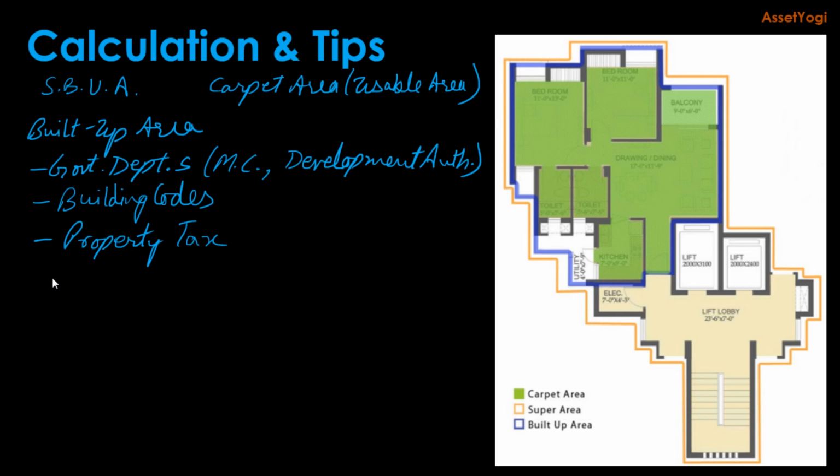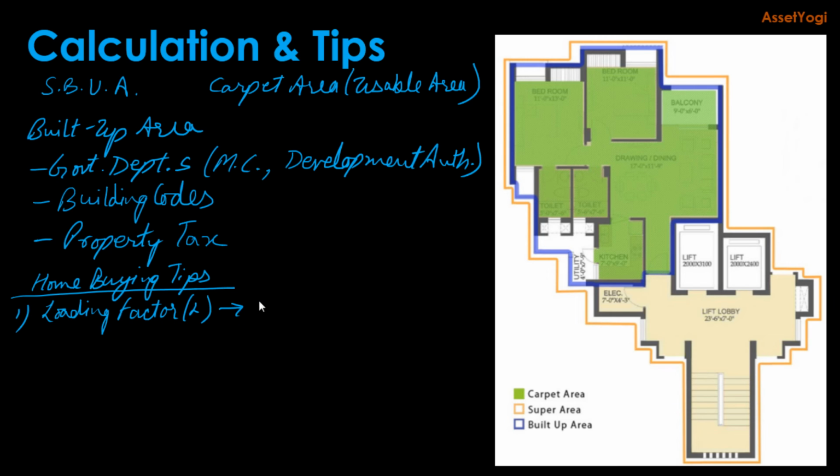Now when you go out to buy a property, you should take care of few things. So let me give you few home buying tips. So when you go out to buy a property, you should always ask the builder what is the loading factor that he is using to calculate the super built up area.